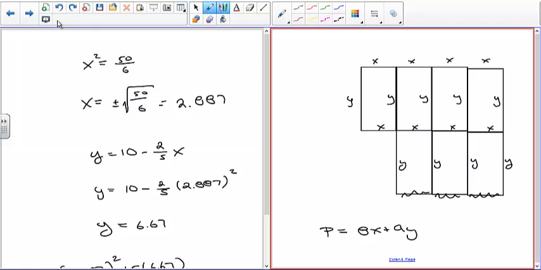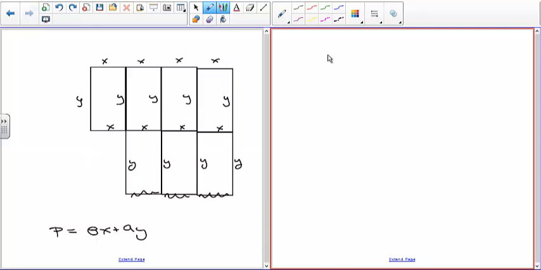So that is the secondary equation, and that equals 1,500. And then you've got the area. So the area of these corrals is just x times y, but we have 1, 2, 3, 4, 5, 6, 7, so 7. So that is my primary equation. That's what I'm trying to maximize, the area.